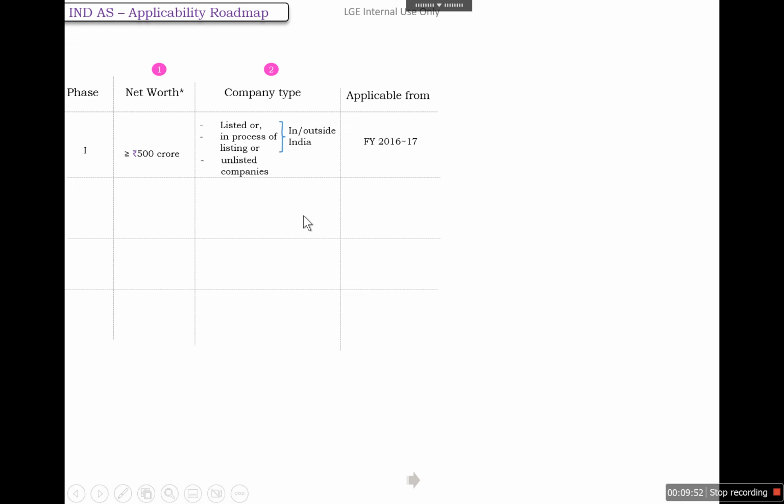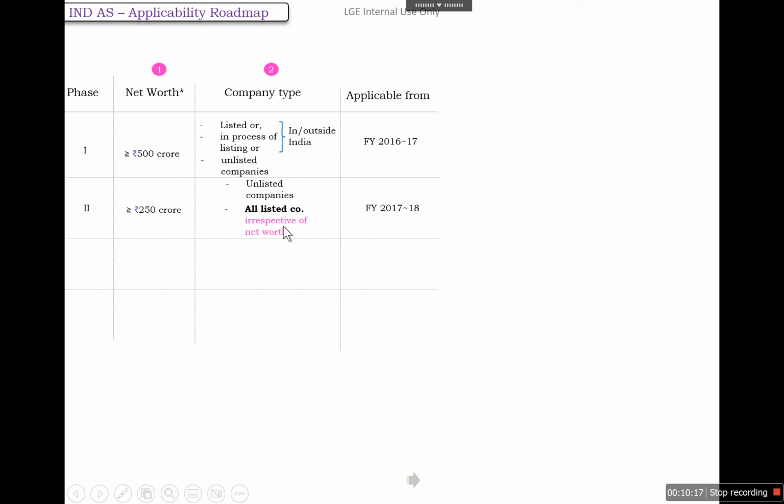2016-17. And for the companies having net worth of more than 250 crores but less than 500 crores, Ind AS is applicable on all the unlisted companies and all the listed companies irrespective of the net worth since financial year 17-18.